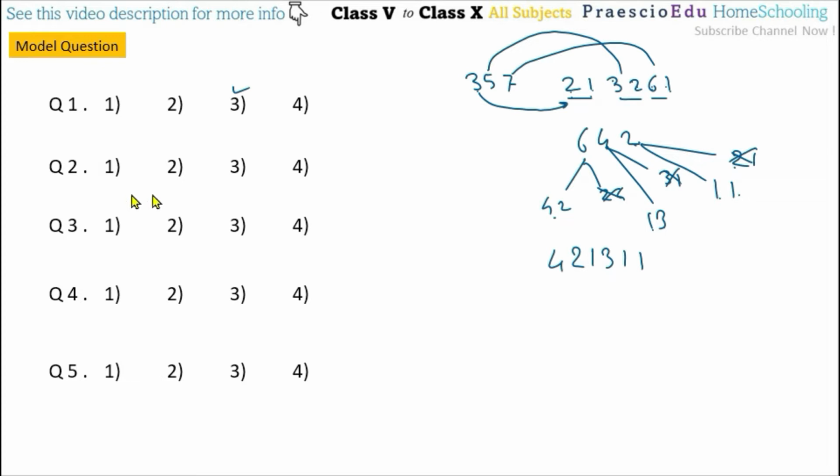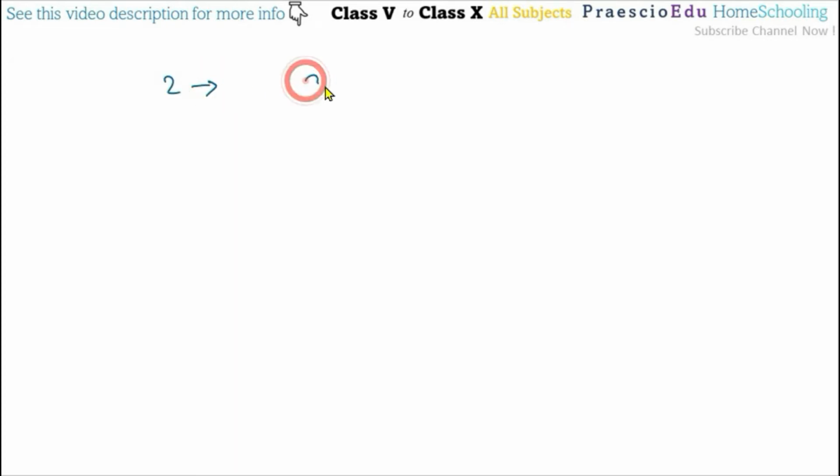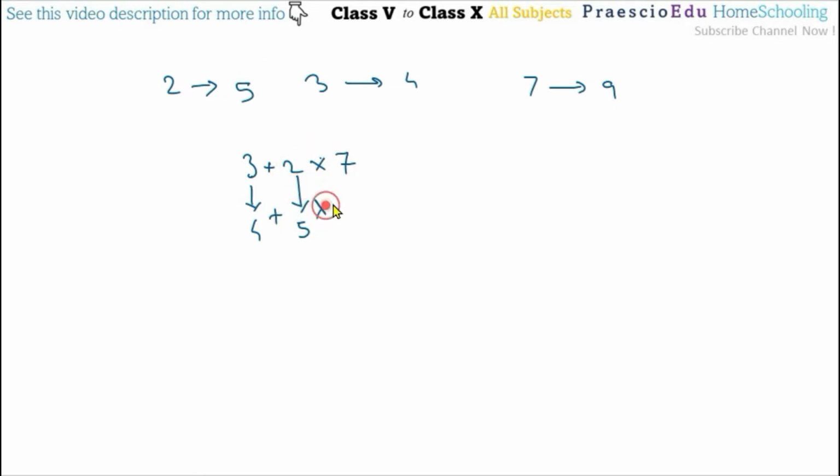Then question number 2: In a code language 2 is called 5, 3 is called 4 and 7 is called 9. Then what is 3 plus 2 multiplied by 7? 3 is called 4, so we replace it with 4. Then 2 is called 5, so 2 is replaced with 5, and 7 is called 9, so it is replaced with 9.